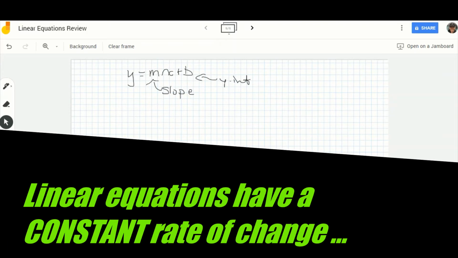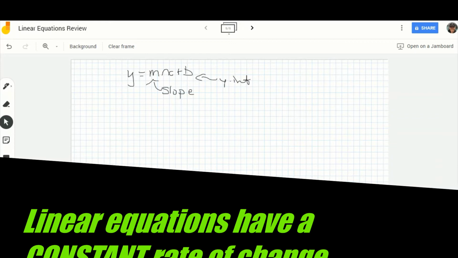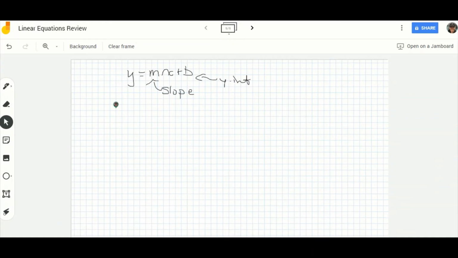We call it a linear equation because it represents a straight line. Now, if we take an example such as y = 4x + 2, we know that 4 is our slope and 2 is our y-intercept.